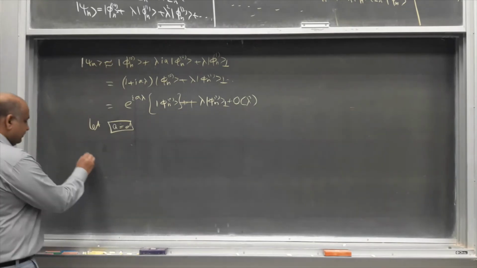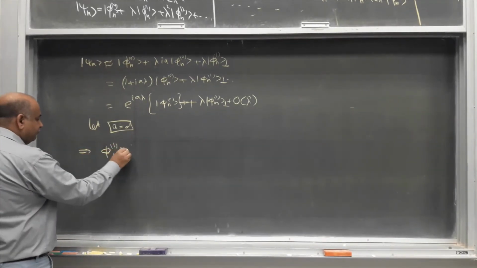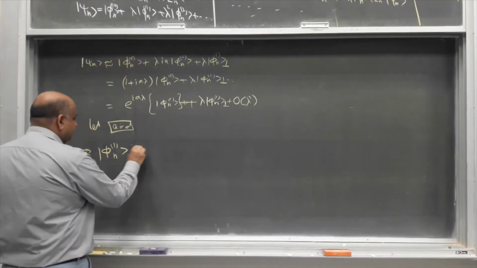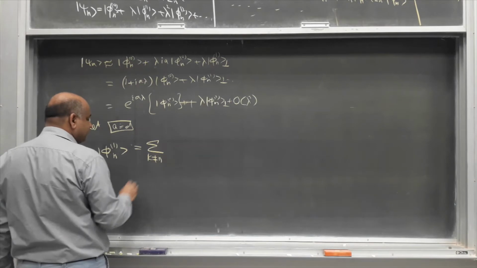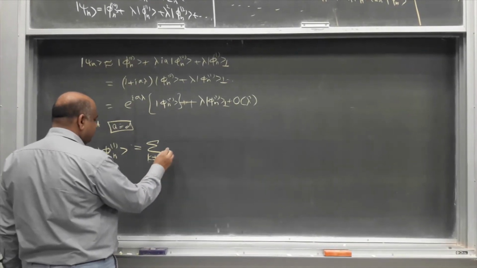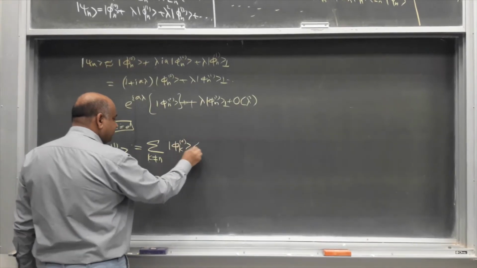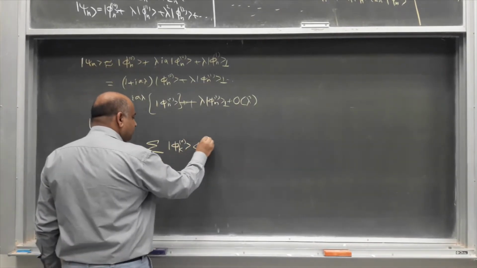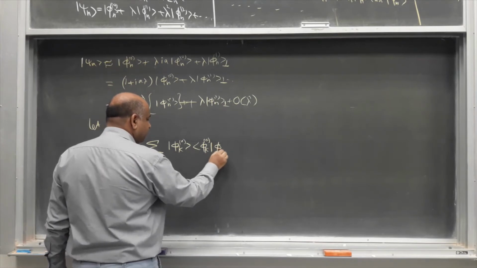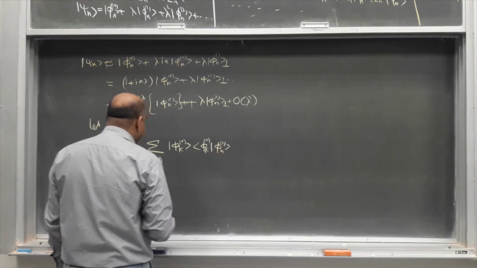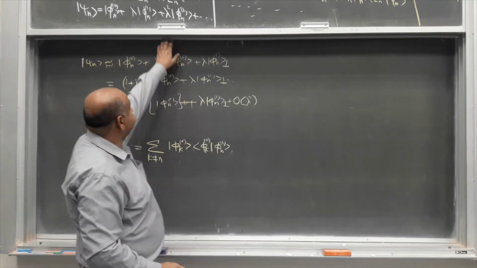This means that our phi n 1 correction term is the sum over all k's except for k equal to n, phi k0, phi k0, phi n 1. However, we have already computed this term.